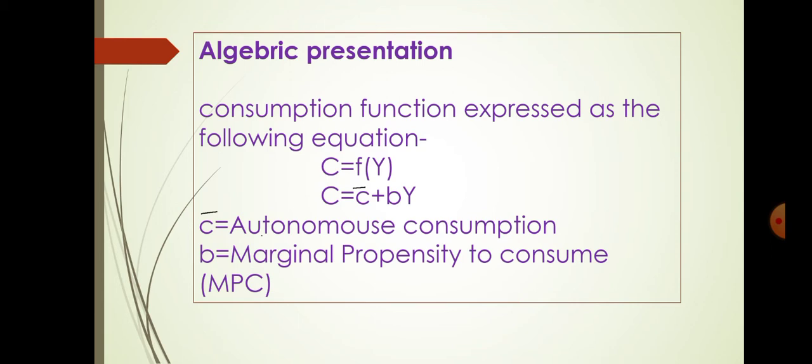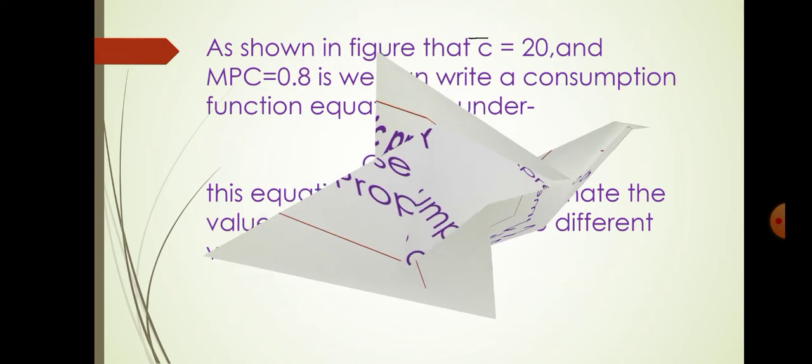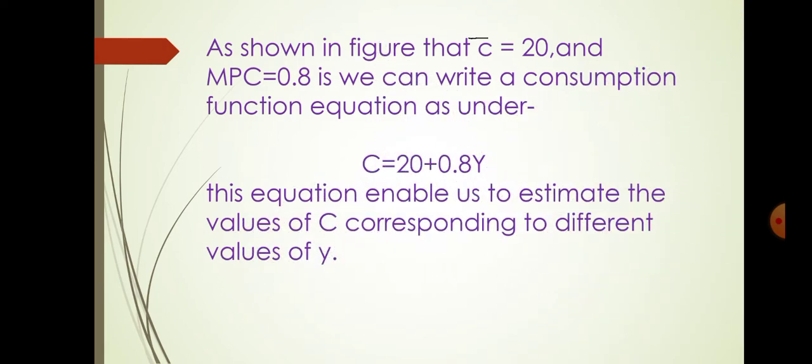It means consumption expenditure is equal to autonomous consumption plus, here we indicate MPC, marginal propensity to consume, into Y. As shown in the figure, C bar is equal to 20 and MPC is equal to 0.8. We can write a consumption function equation as under: C is equal to 20 plus 0.8Y. This equation enables us to estimate the value of C corresponding to different values of Y.